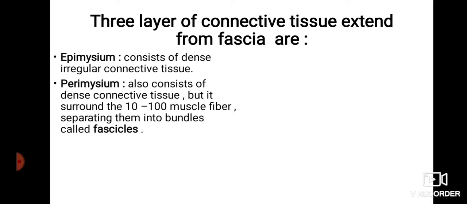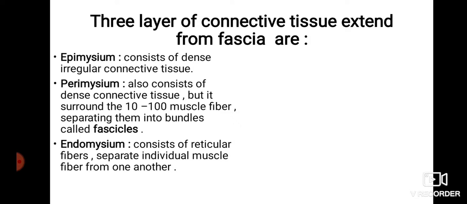These 10 to 100 muscle fibers surrounded by the perimysium make a bundle, and this bundle is known as a fascicle. The third membrane is the endomysium, which consists of reticular fibers. It separates the individual fibers from one another.